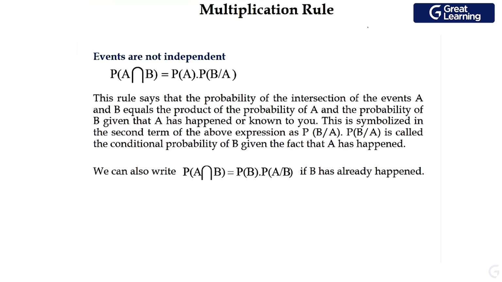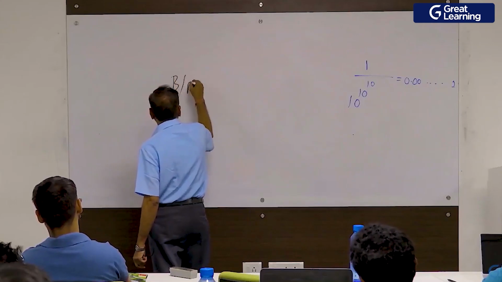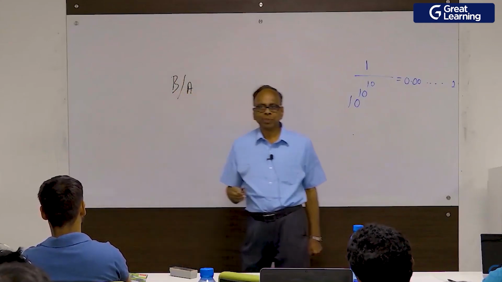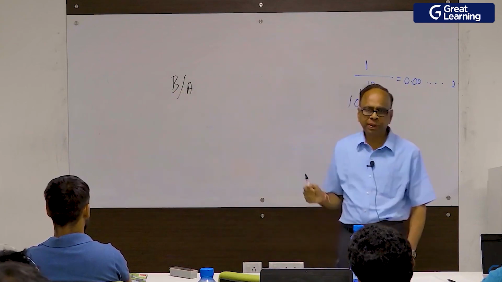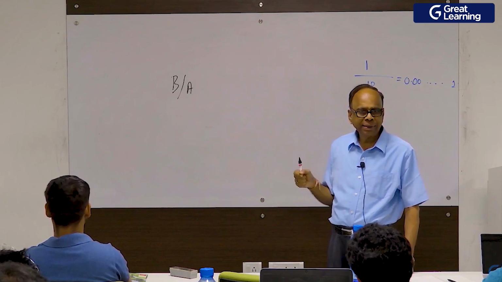And to understand the conditional probability, let me just say here, what does this expression mean? Let's say B given A. What does this mean? The question is asked. You are multiplying. B given A is the condition. A has occurred.